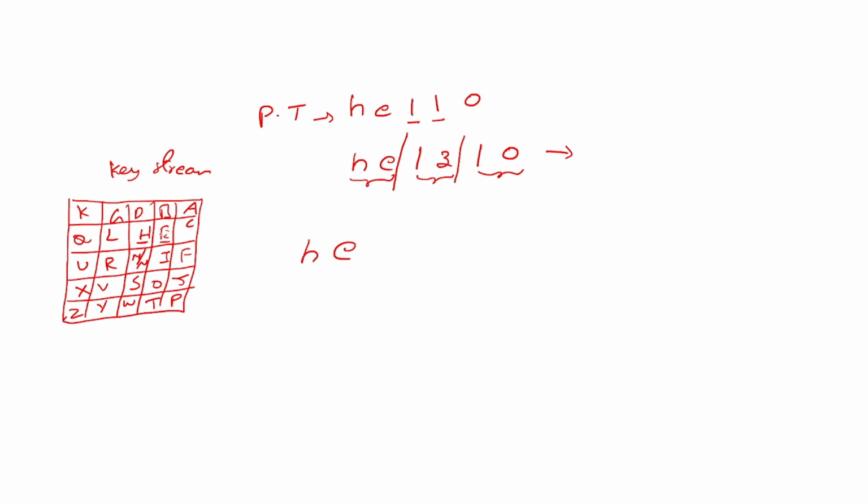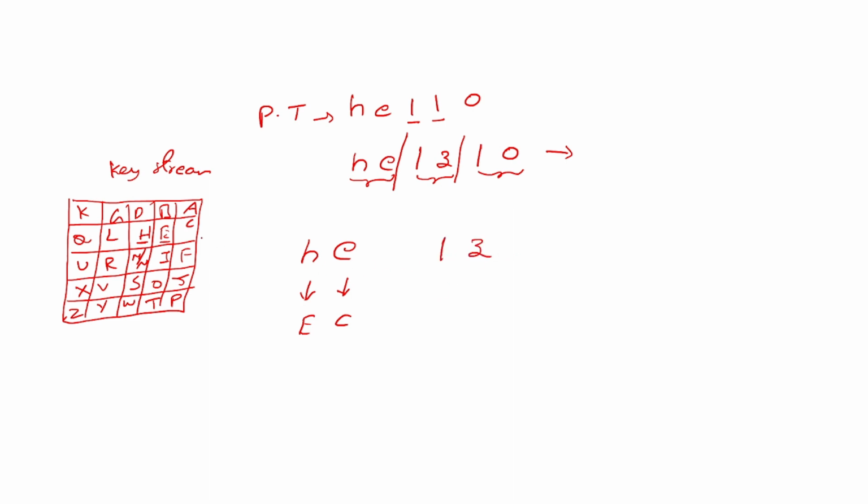Then in the place of H, E, and in the place of E, C. The character after H is E, the character after E is C, to the right side. And next, L, Z.